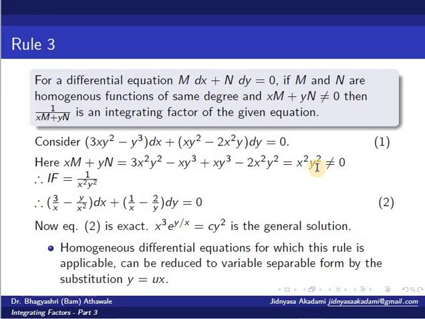But if it is x square, y square plus something, etc. In the integrating factor, those terms come at the denominator because we are taking the reciprocal of xn plus yn as the integrating factor.